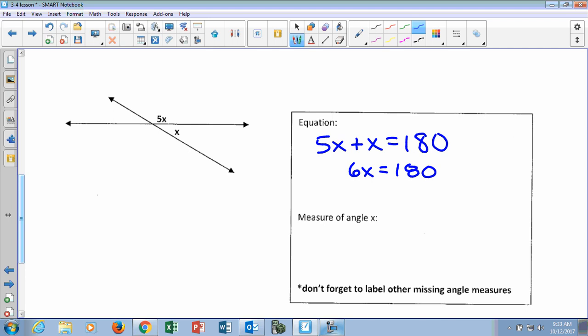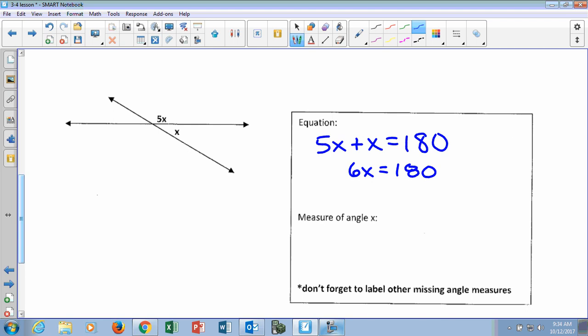So when we say 6x, you're really saying 6 times x, right? So if I want to solve for x, I have to get rid of that multiplication, right? The reason we divide is because you have to do the opposite of this operation. This is multiplication.